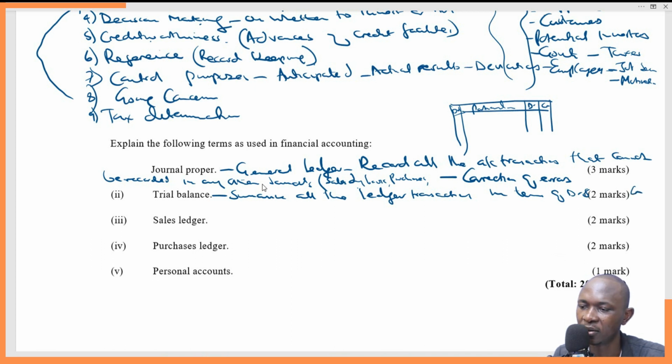So it's one of the books that is used to summarize all the transactions that have been captured in the ledgers, and it summarizes that information in form of debit and credit balances.